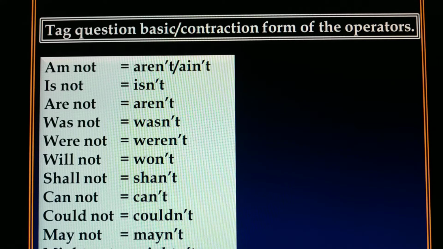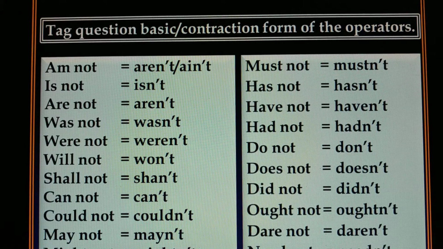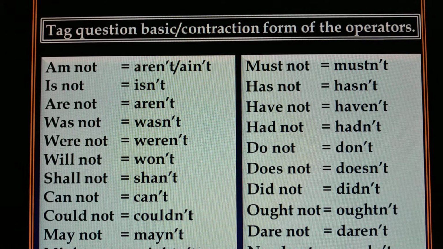These are the tag question contraction forms which you will find in your grammar book. There are also some other contraction forms. You may write down all these contraction forms in your papers and memorize them.